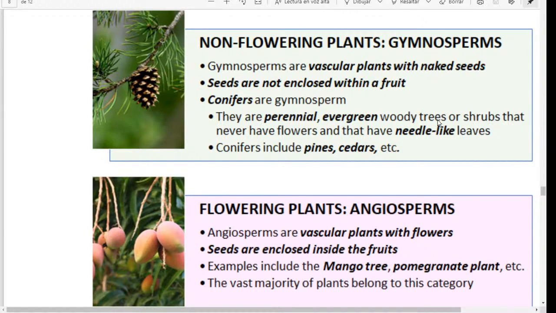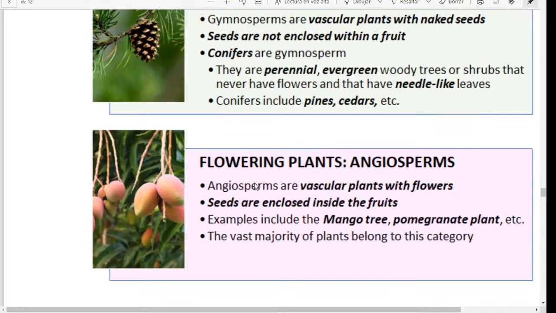Evergreen woody trees or shrubs that never have flowers and that have needle-like leaves. Hojas que parecen agujas. Can you see them? Needle-like leaves. When you see some trees with needle-like leaves, probably you are before a conifer. Okay, and some examples are pines, pine trees, cedars, cedros. Okay, very good. So this is one group.